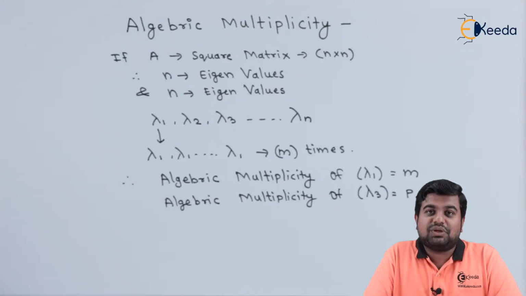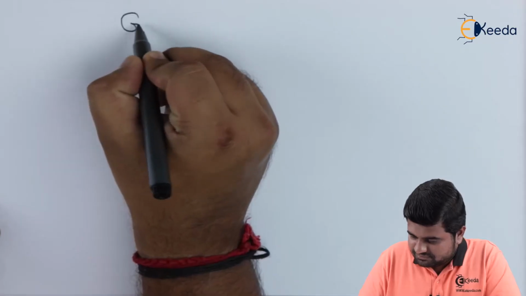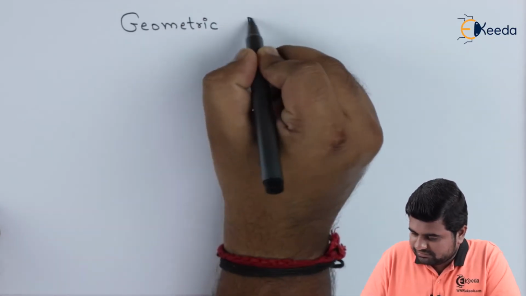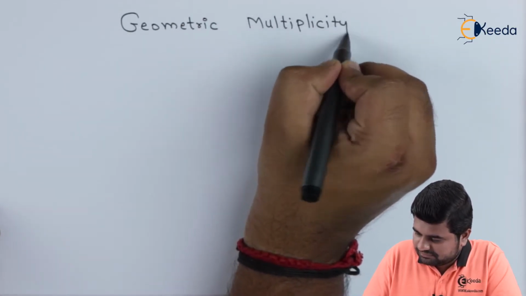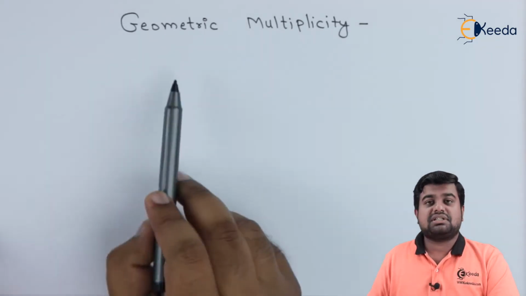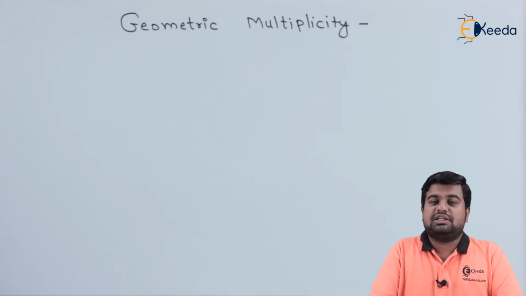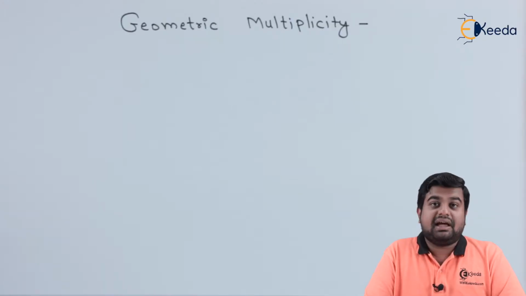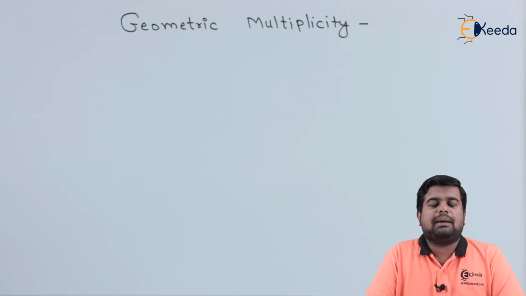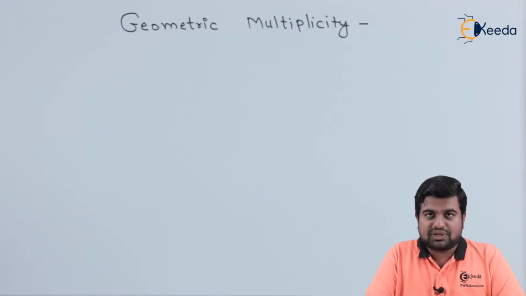Now let us focus upon what geometric multiplicity is. In order to understand it, let's focus upon an n by n square matrix. In an n by n square matrix, we are going to have n eigenvalues and n eigenvectors. Suppose a particular value lambda 1 is giving birth to 3 or 4 or 5 eigenvectors together.